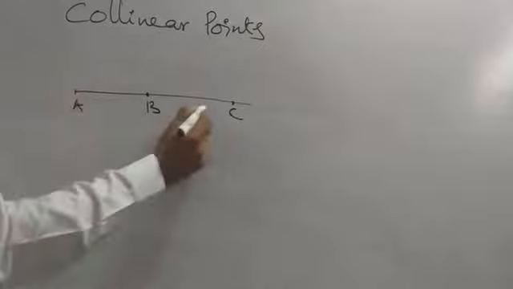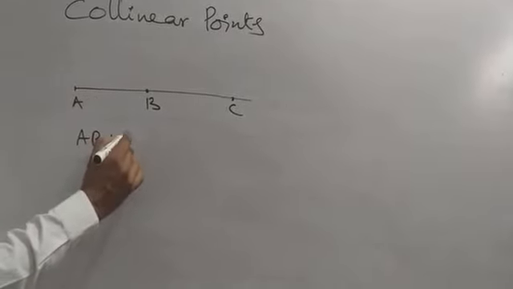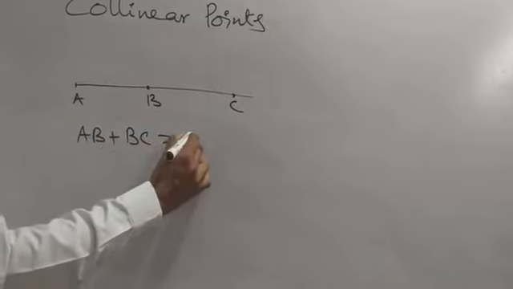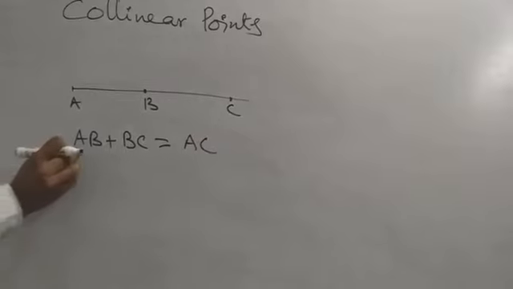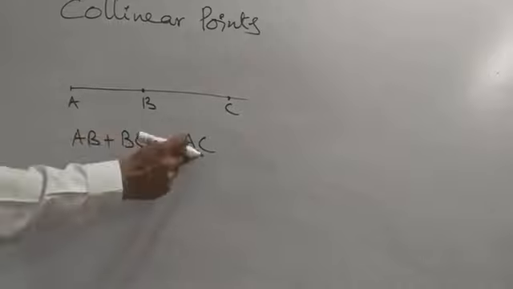Since they are collinear, according to Euclid's axiom in class 9th, AB plus BC equal to AC. So, find out the distance AB, the distance BC, and the distance AC.